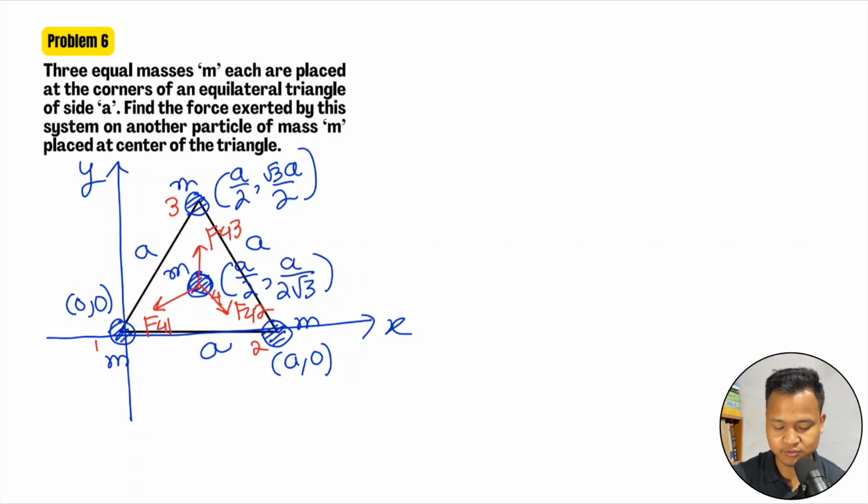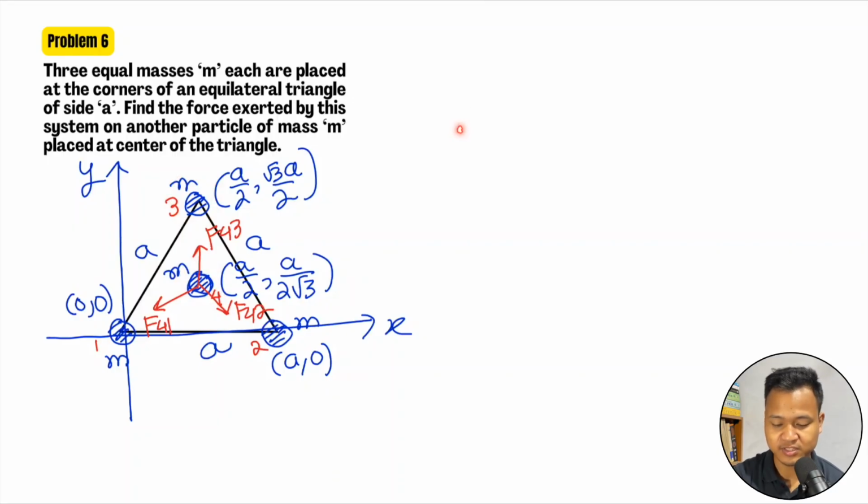Logically, if you try to assume, all the masses are the same, and the mass at the center is also M. The force from 1 on 4 is G M M by r square, taking the distance as r. Similarly 4 to 2 is G M M by r square, and 3 to 4 is G M M by r square, so all forces are equal.